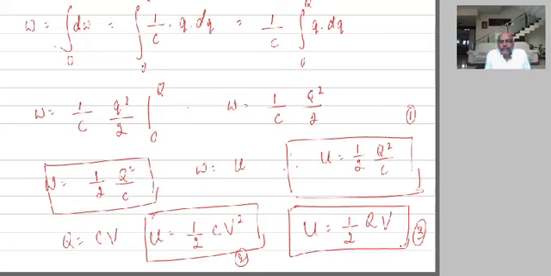So dear students, today in this session we have learnt about the combination of capacitors in series, capacitor combination in parallel, and also how a capacitor can be charged, and with the help of that we have also learnt a derivation on energy stored in a capacitor.